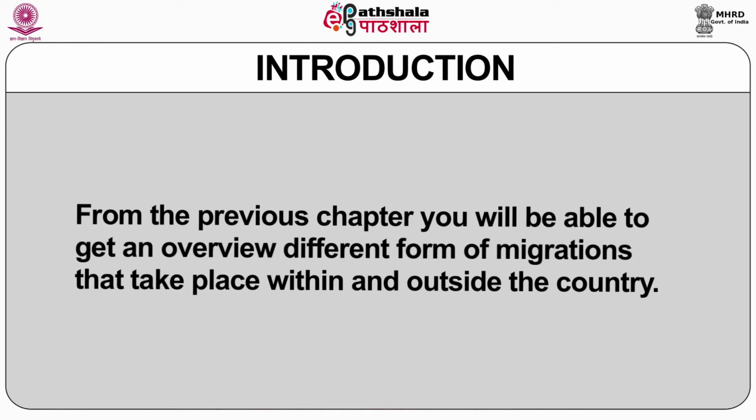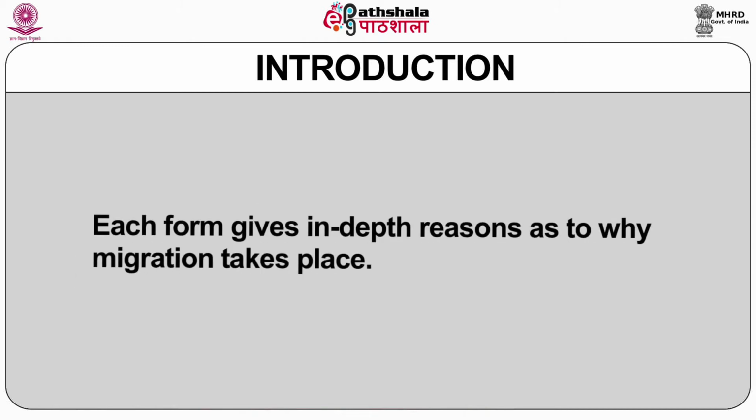From the previous chapter, you will be able to get an overview of different forms of migration that take place within and outside the country. Each form gives in-depth reasons as to why migration takes place.